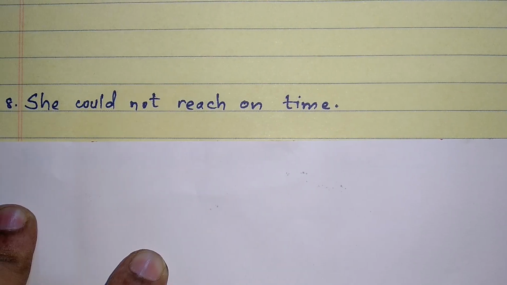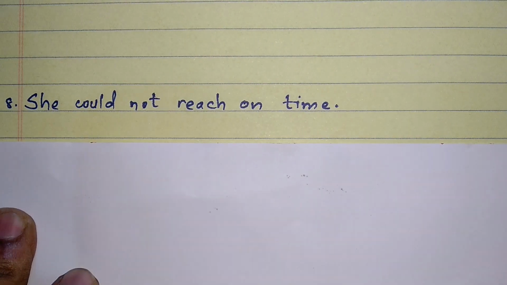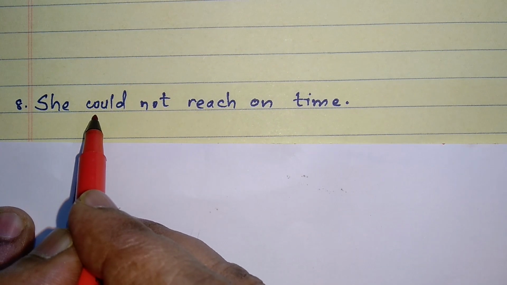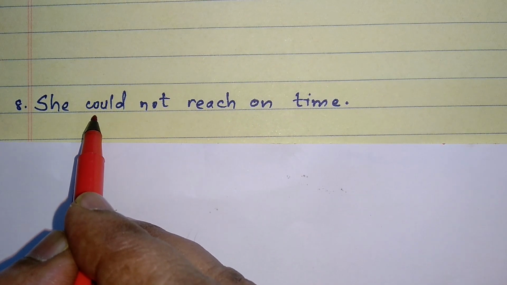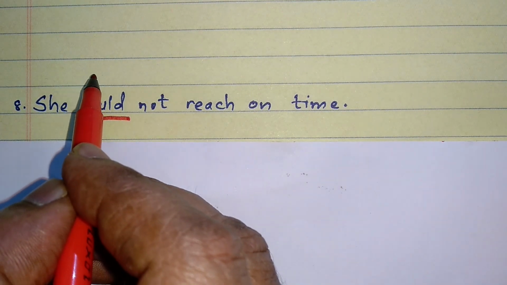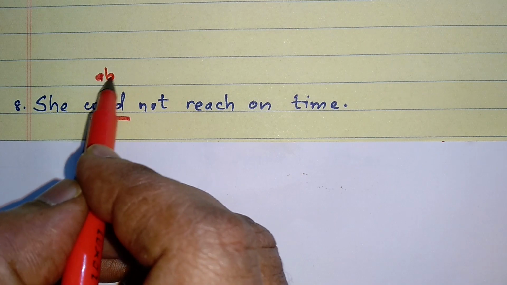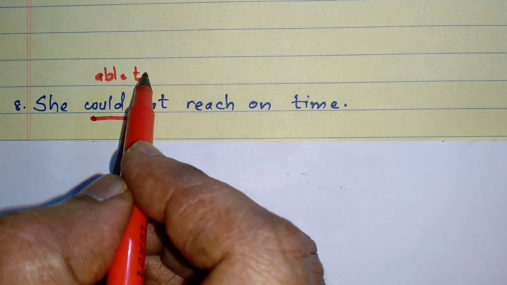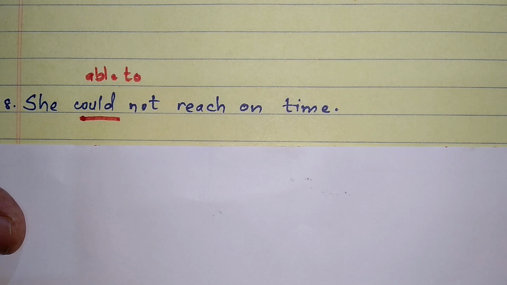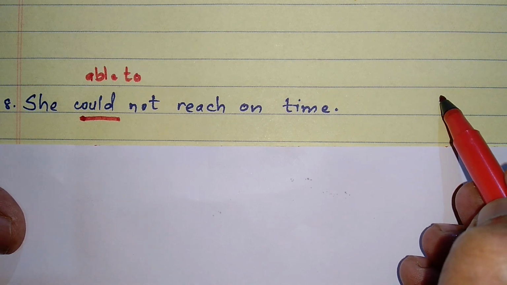She could not reach on time. In the previous sentence, we had cannot. The sentence was in present tense. Here, we have could not. The sentence is in past tense. Could is equal to able to. So could not is equal to unable to.